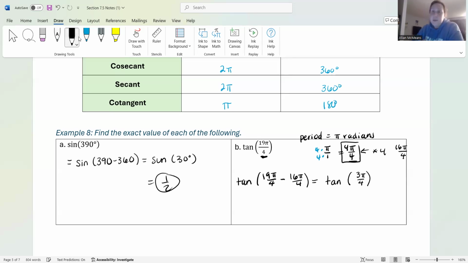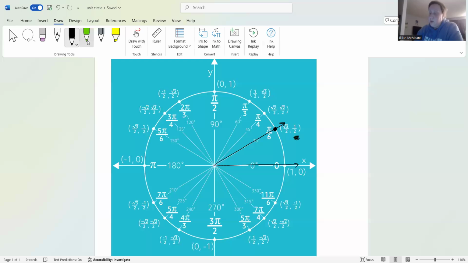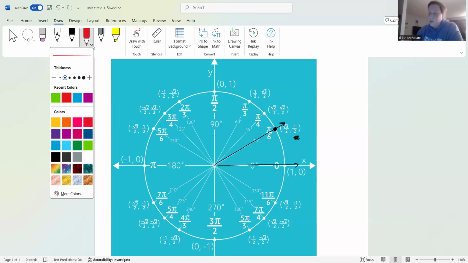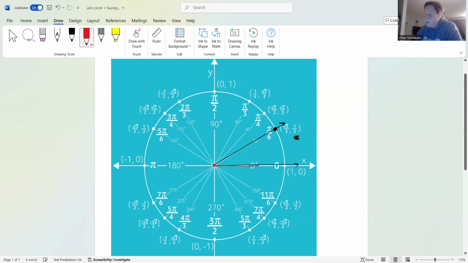Once we get better at understanding our unit circle and practicing how it works, this will not be quite as hard. For now, I know the unit circle is brand new, so we can review it and use it as needed. So let's go to our unit circle. 3 pi over 4 would be like drawing an angle like this, and it would go right here.